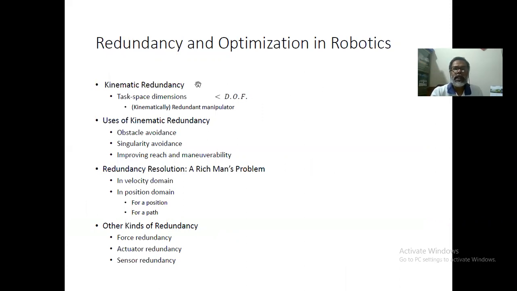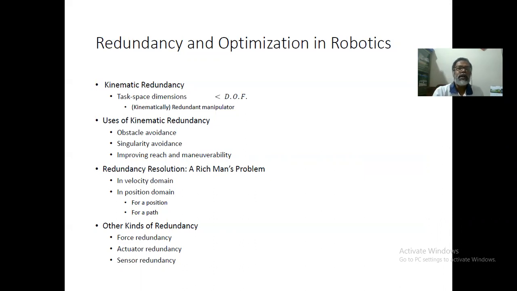First of all, the kind of redundancy that we are going to study in detail is the kinematic redundancy, that is, redundancy of motion. That is, a higher degree of freedom of motion is possible by the manipulator compared to what is the bare minimum necessity.